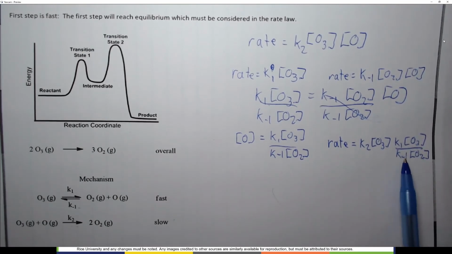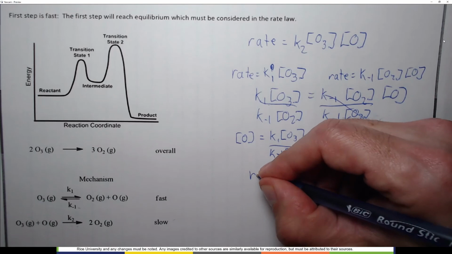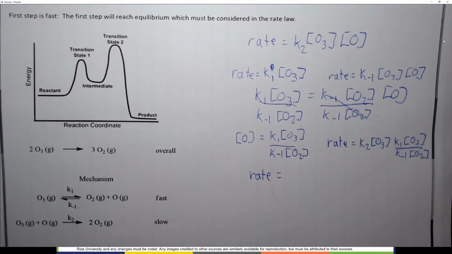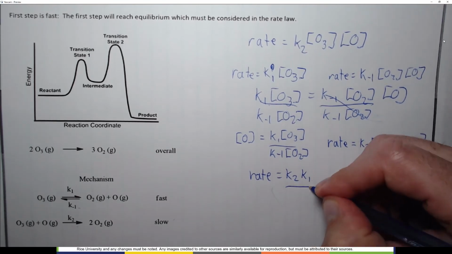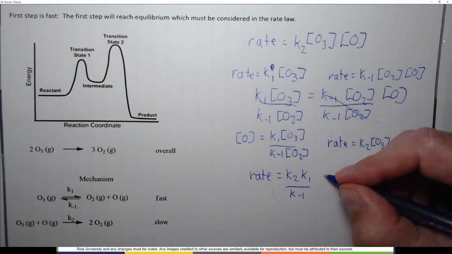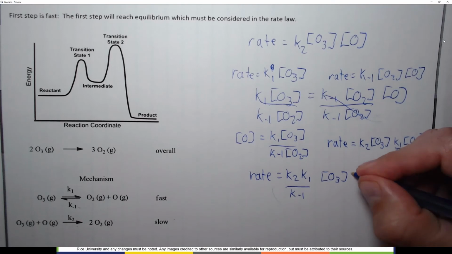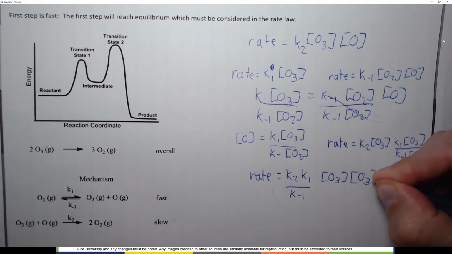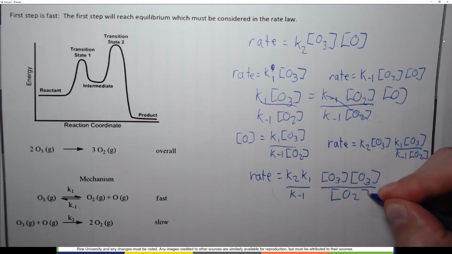Now I'm going to move all the k's into the same area. Rate equals k2 k1 divided by k-1, times concentration of O3, concentration O3, divided by concentration of O2.